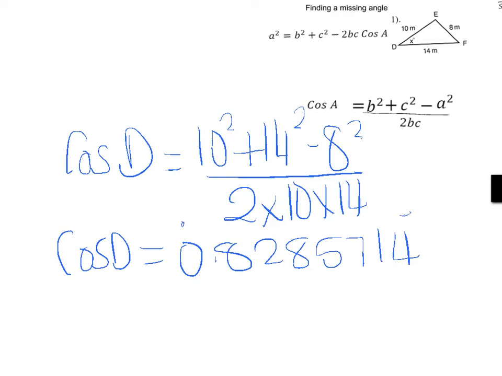Remember, this is cos D, not the angle D, so we need to do the inverse of cos, so that's shift cos, and it gives us an angle of 34.05.